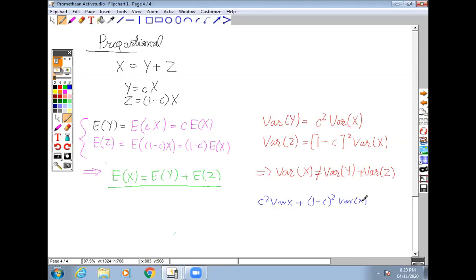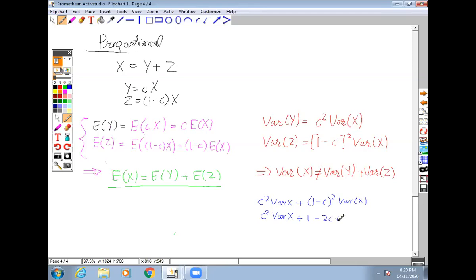Ma'am, if we expand 1 minus c the whole square, then even if we try to subtract anything, the c square term also becomes positive when you expand the bracket, right? So nothing gets cancelled out. Yeah, exactly. I think I missed out on that part.